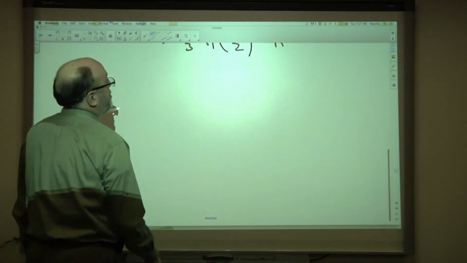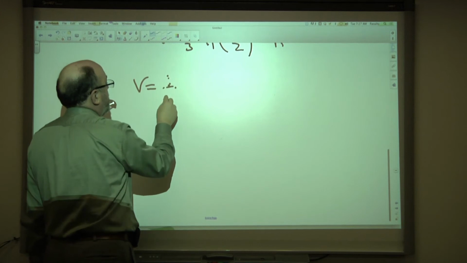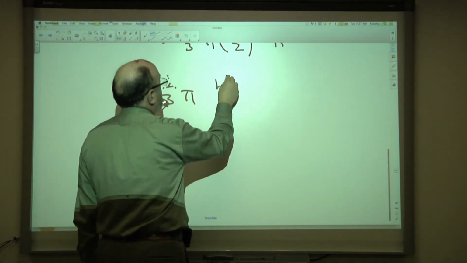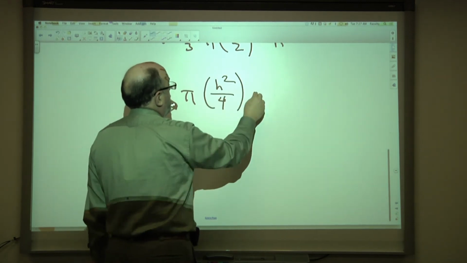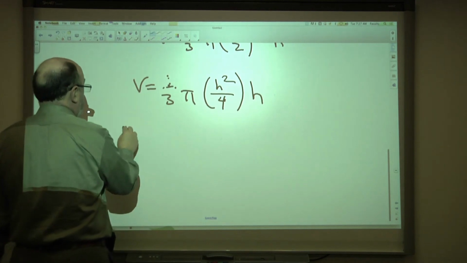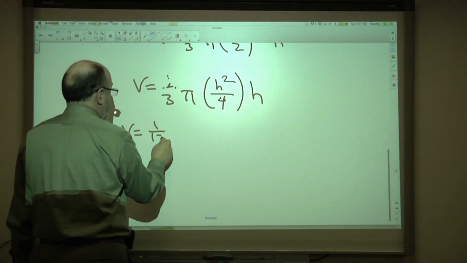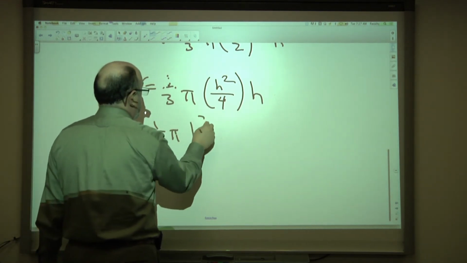So let's do a little math on this first. So V is going to equal 1/3 pi, this will be h squared over 4, times h. And one last step in terms of simplifying. So this is going to give us 1/12 pi h cubed.